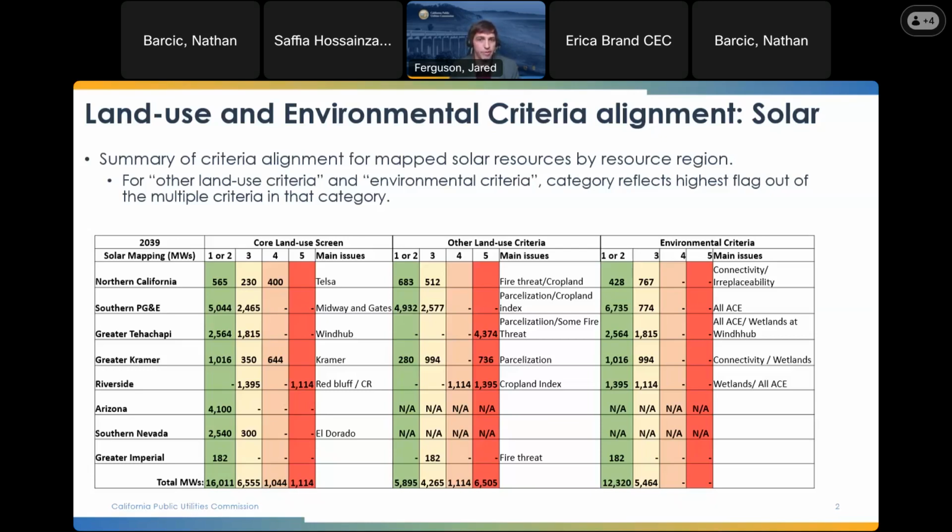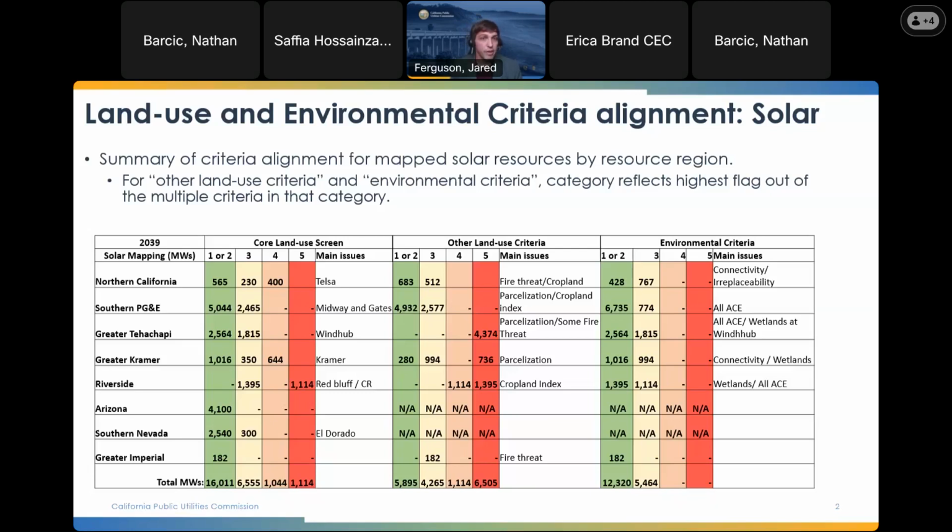You see that 4 and 5 compliance, and those are both related to utilization of cropland. I'll discuss Red Bluff and Colorado River more in a bit. I'm just going to keep going through the rest of these summaries.